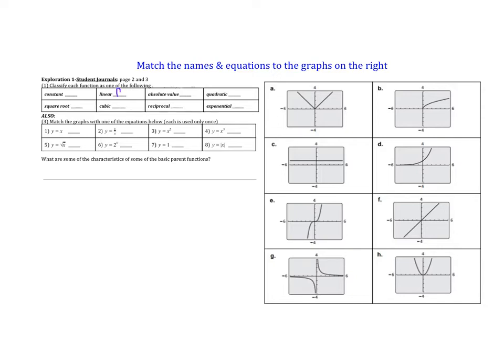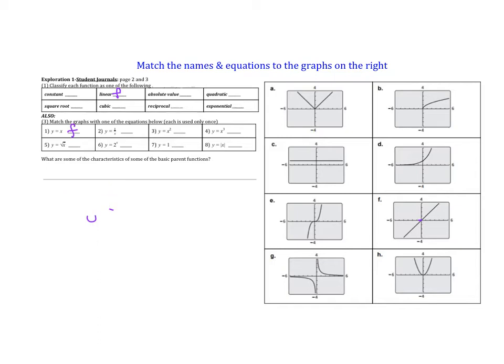The equation is here, y equals x. Now, if you think about it, it's y equals mx plus b. So number one, it is at the origin, which is 0, right? So that's our y-intercept. Our slope is really just 1 over 1. So our parent function for all linear functions is y equals x.